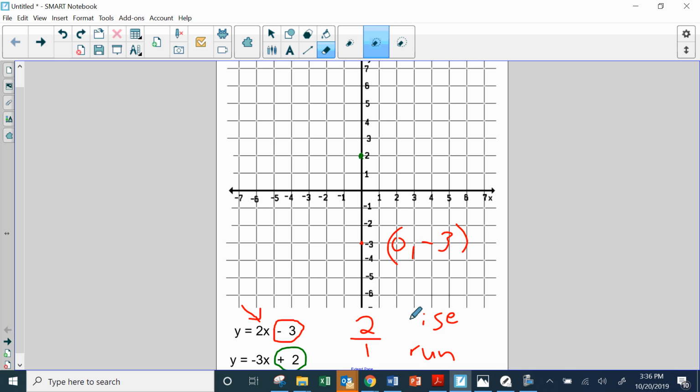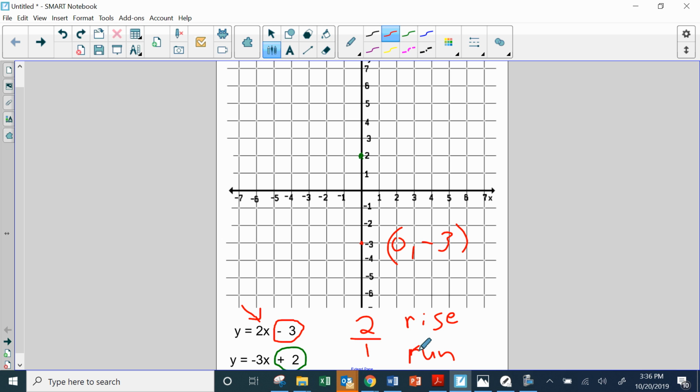So my rise, and then the bottom number is my run. Rise means up and down. So that means I need to start from my red dot, because again, I know that red dot is on my line, because it's the y-intercept. So from that red dot, I need to either go up or down 2.